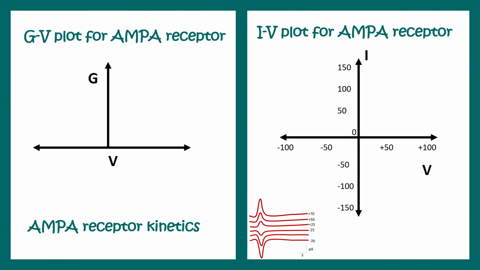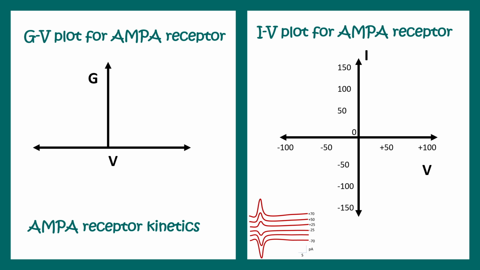Now you can get a better understanding of this property by plotting graphs known as an IV plot or GV plot. IV plot is nothing but plotting the data. So you can plot I by checking the amplitude from this curve. The maximum dip or the maximum peak is the amplitude of this trace. So you plot it on the y-axis and plot the voltage on the x-axis.